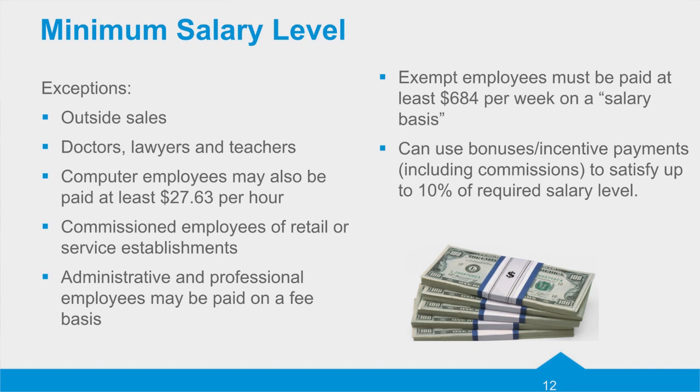So it's kind of the second prong of the exemption test, which is to say that it's going to have to be paid on that set or fixed amount, and it can't be subject to improper deductions. So in other words, you can't reduce that salary based on the amount of hours worked or the quality of work.